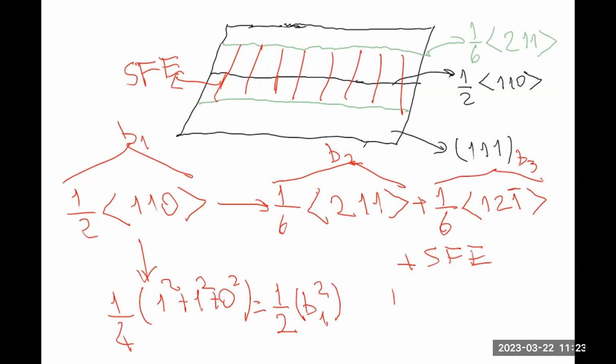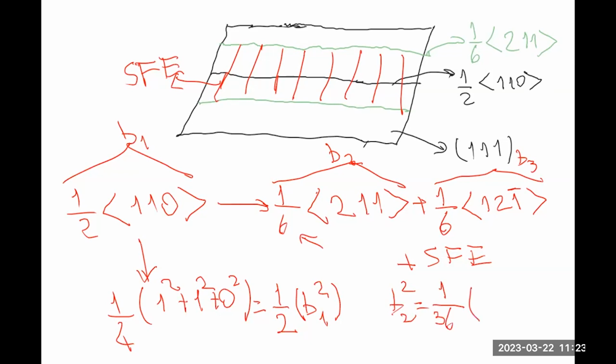Tell me b2 square. What is b2 square? Roa, can you help me to find b2 square? It's going to be 1 square plus 2 square plus 1 square. And what is the square of this constant? You need to take the square of this constant first. 1 by 6 square is 1 over 36.